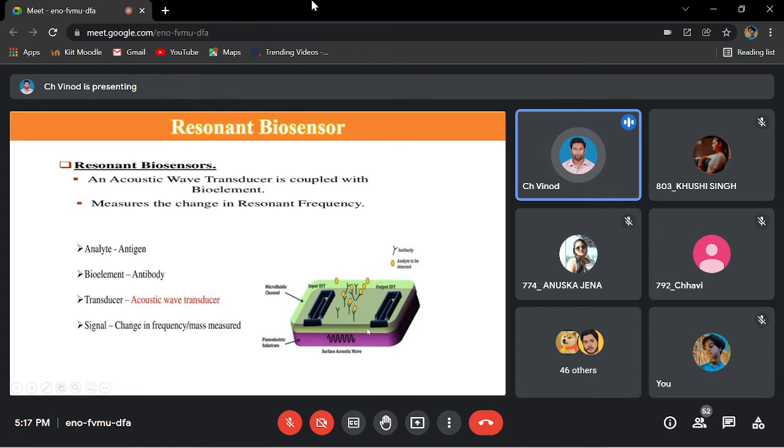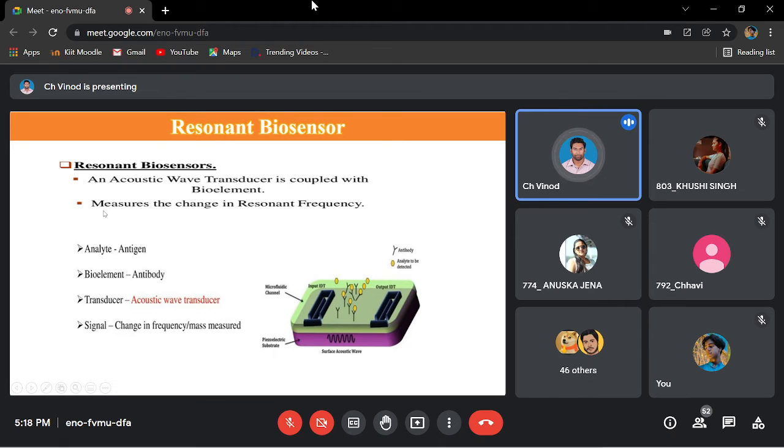So what is the transducer that we are using here? You are using an acoustic wave transducer. This is very crucial in recording waves, which can pertain to sound waves or to waves generated because of magnetic induction and all. So this is one sort of sensation that we come across.